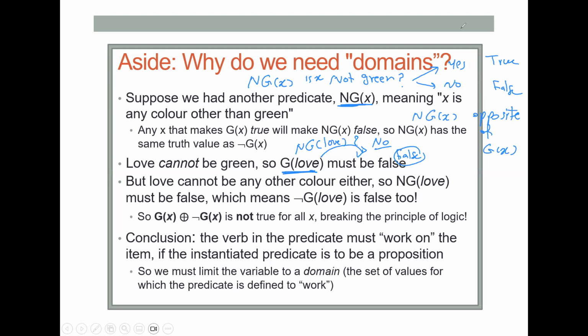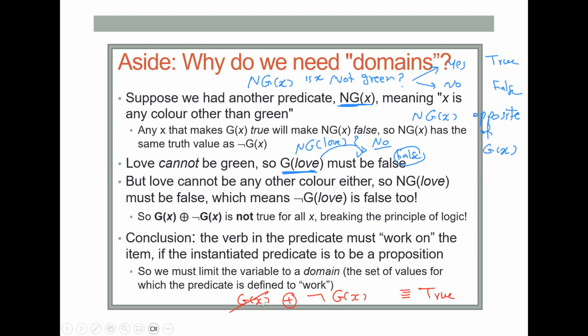Why is it false? Because actually love has no color, which means that the statement is false. So now, ya shabab, we said that in order to be a propositional logic, the XOR between G of X and the negation of G of X should be true.